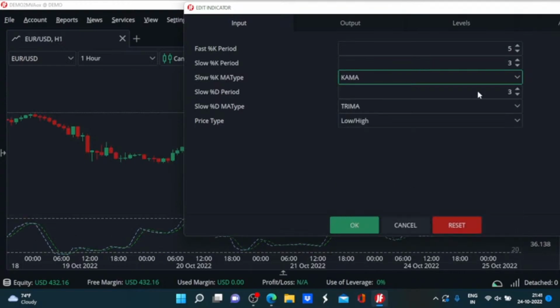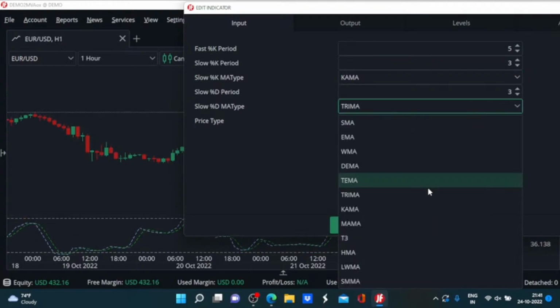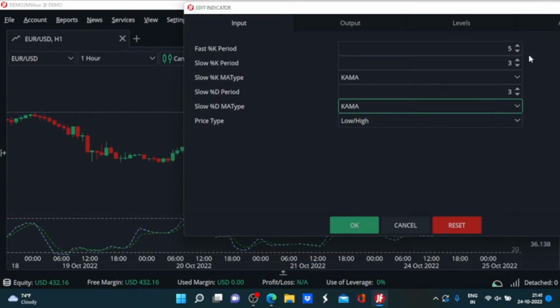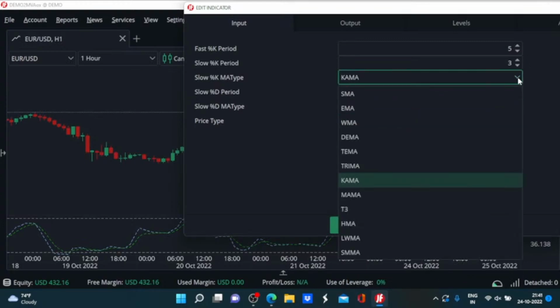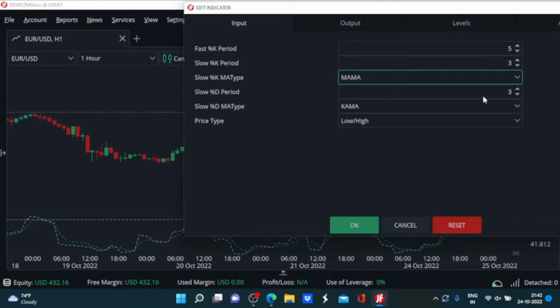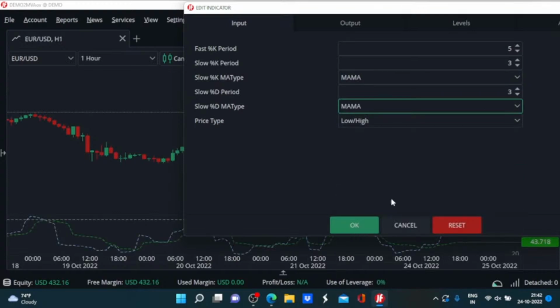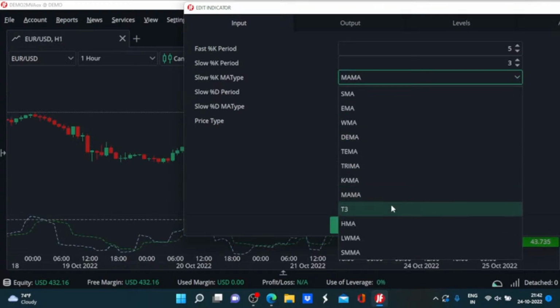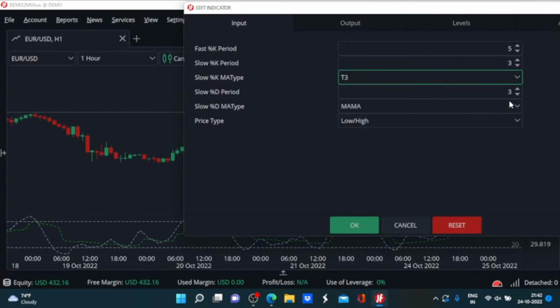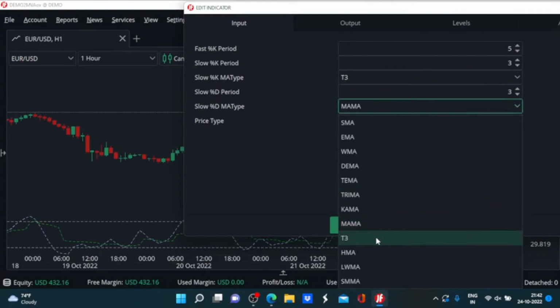We also have KAMA, and both these SMAs have been changed to KAMA. So one by one we can try out all the different types of moving averages, and depending on that we will have significant deviation in the kind of output we get.